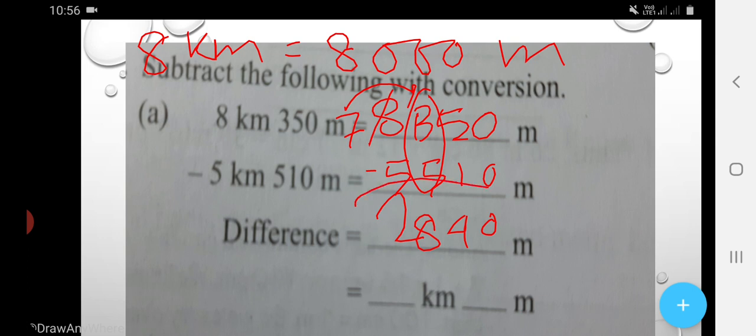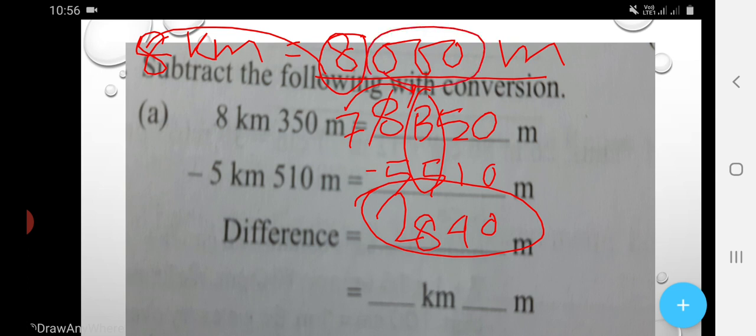Now I have to convert this into kilometer. Here we can see that in the meter there are 4 digits, and the digit situated in the thousand place comes under kilometer and the remaining 3 digits are in meter. Here the digit in the thousand place is 2 and the remaining 3 digits, 480, come in meter.